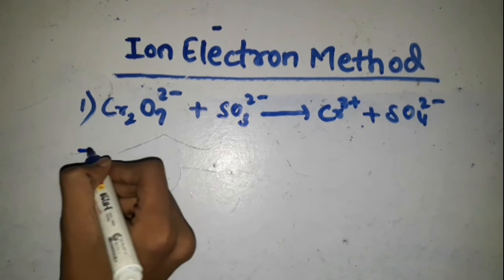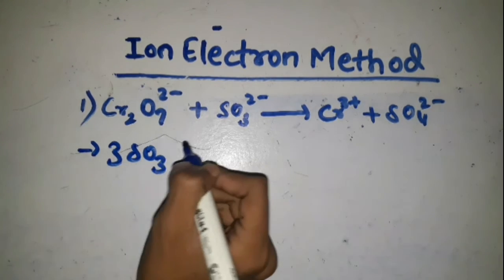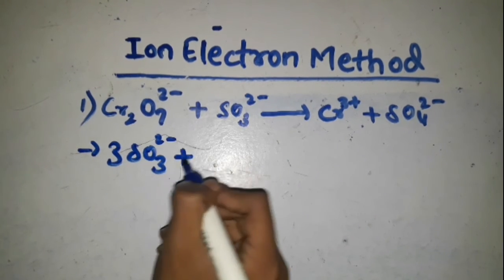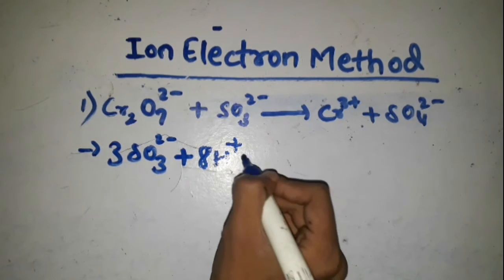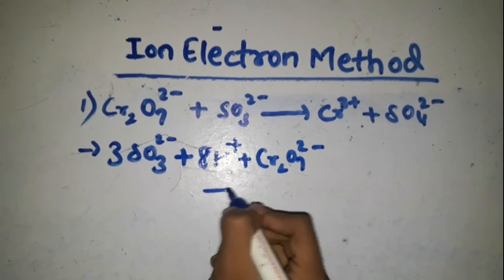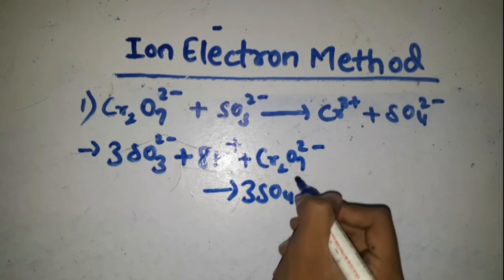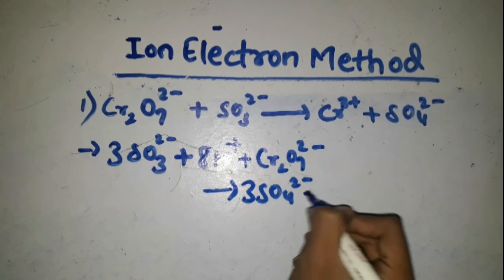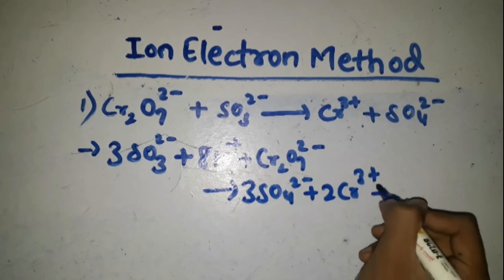The answer of this question is 3SO3 2 minus plus 8H plus plus Cr2O7 2 minus, that gives 3SO4 2 minus plus 2Cr3 plus plus 4H2O.